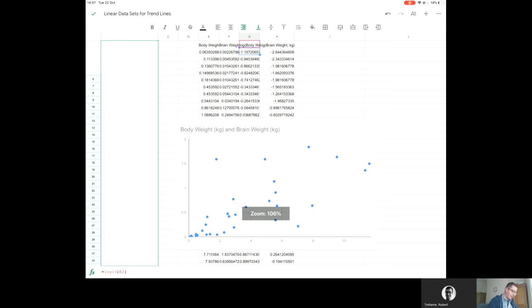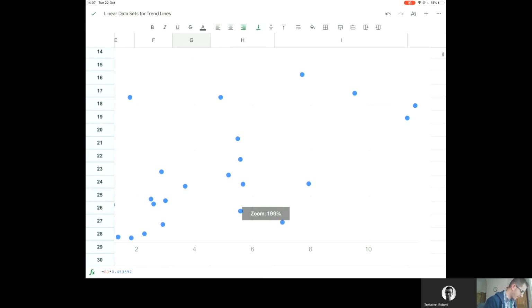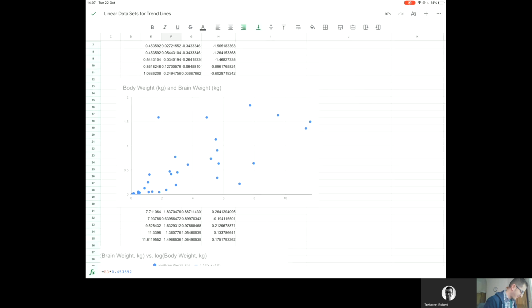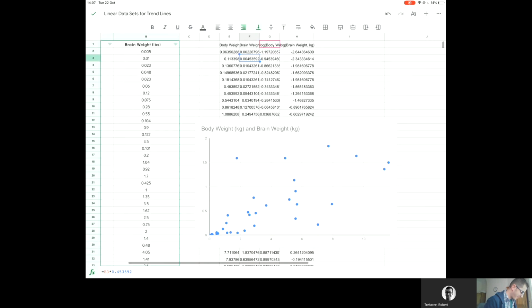Right, so down at the bottom here, this is really hard to do on an iPad. Let me zoom in a bit. That looks a bit better. So I've got body weight in kilos, brain weight in kilos, and then I've done the log of the body.